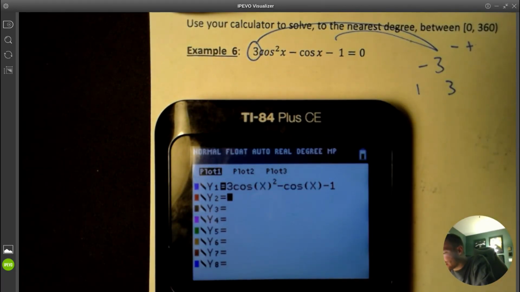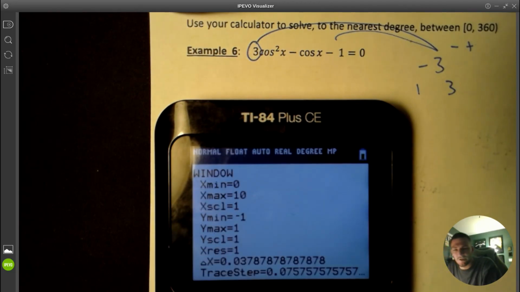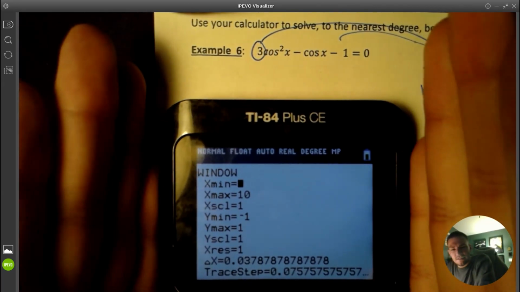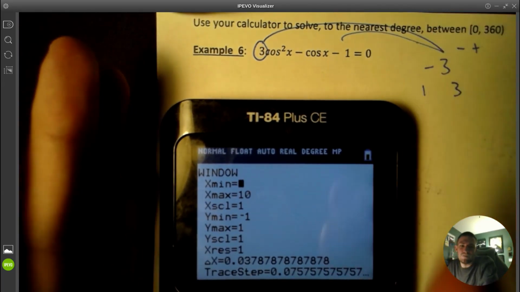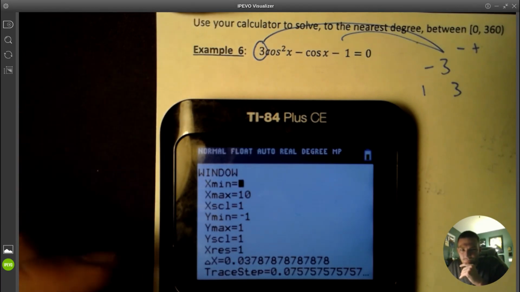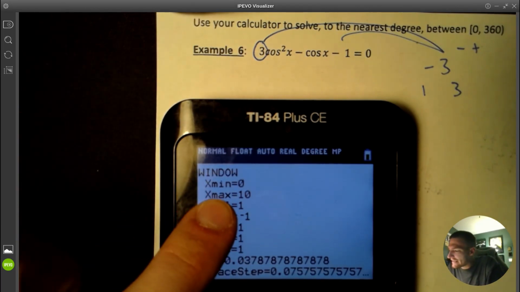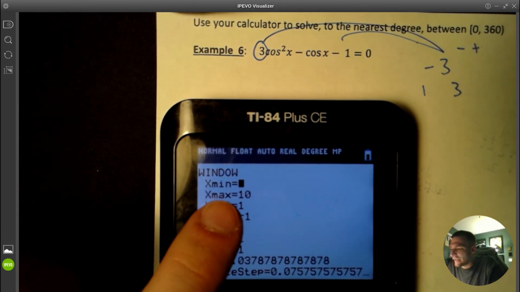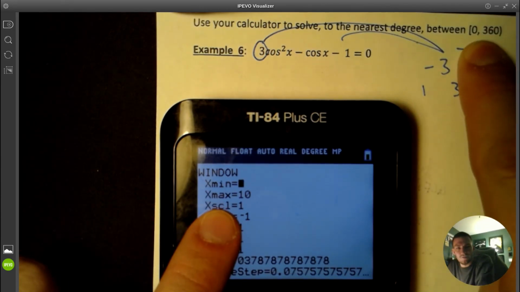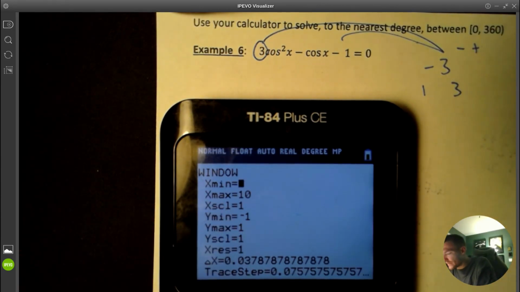And I'm also going to look at my window here pretty quick. My window is what I'm going to see when I look at the graph. And this might be a little advanced here. My x value needs to be between 0 and 360. So I'm going to do negative 10, 370.